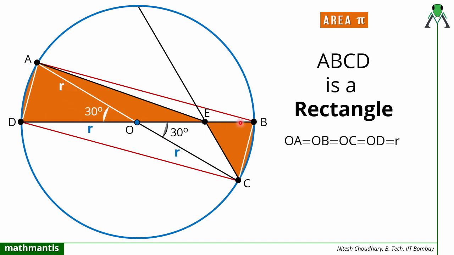This is 2r, this is also 2r, because they are passing through the center of circle. So OB is radius, OD is also radius, OA is also radius, OC is also radius. So the diagonals are bisecting each other and they are of equal length, and we know that this type of quadrilateral is nothing but a rectangle.